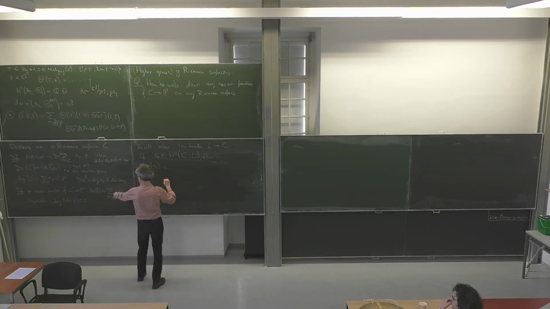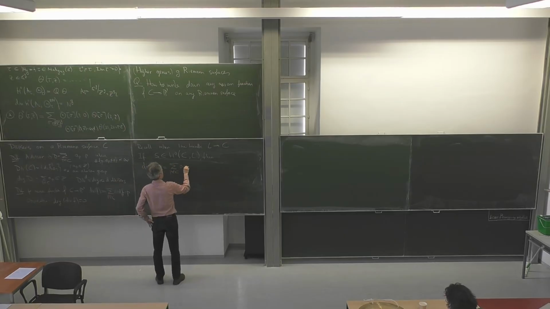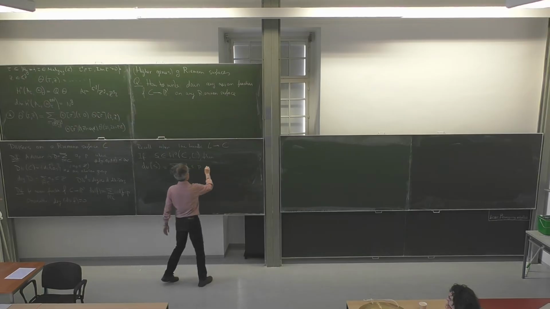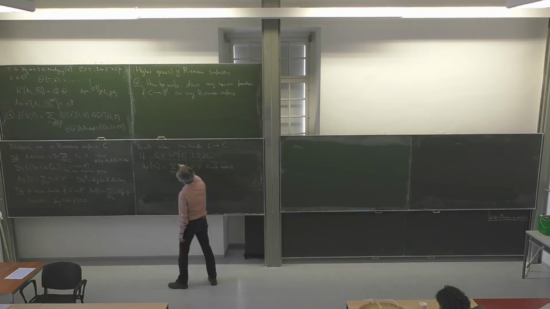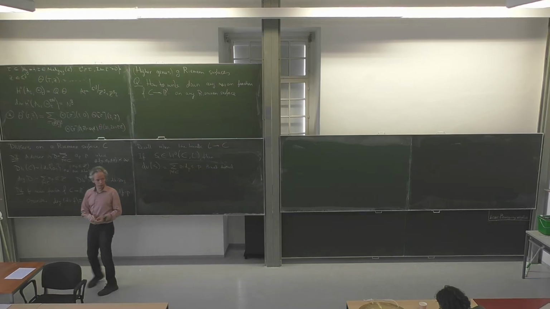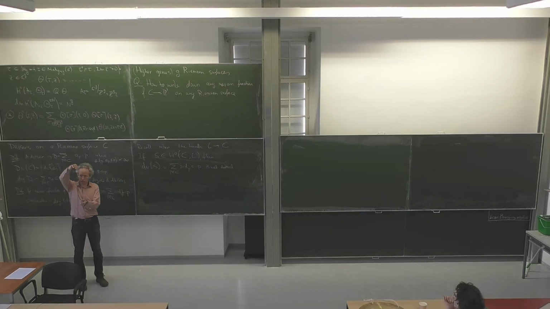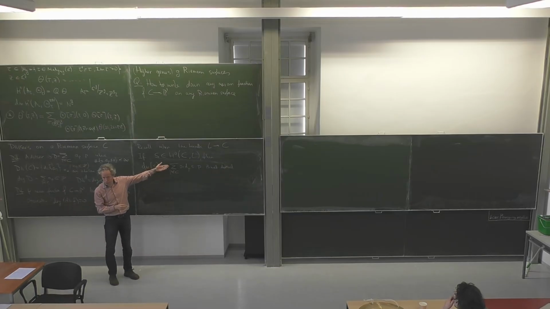This is going to be defined by exactly the same formula, the sum over P in C of the order of s at the point P times P. And I claim this is well defined. So what's a section of a line bundle? You know, at each point, you choose a point on the fiber, right? Locally, this is a holomorphic section at this point, right? So locally, in a chart, it's just given by a holomorphic function. I know what the order of zero of a holomorphic function is, no problem.